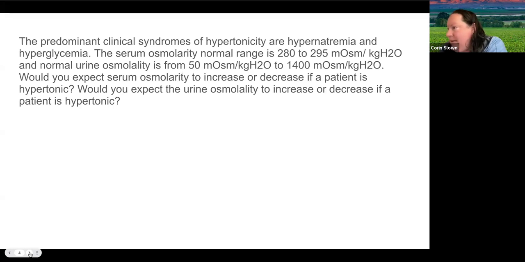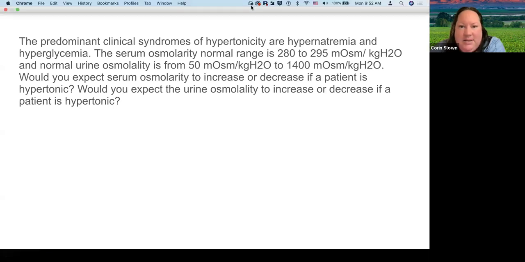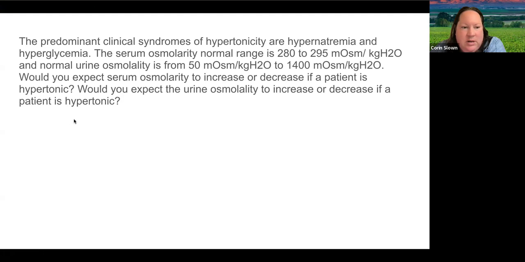Okay, so we're going to think about a couple of pieces here. So, when solutes are going to dissolve, we're thinking about the movement of water in response to those solutes. So I'm just going to draw a picture here.